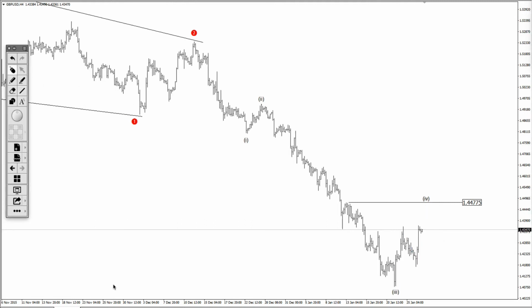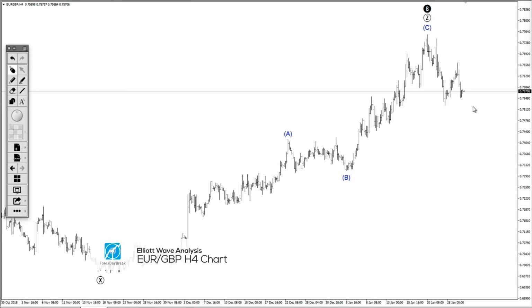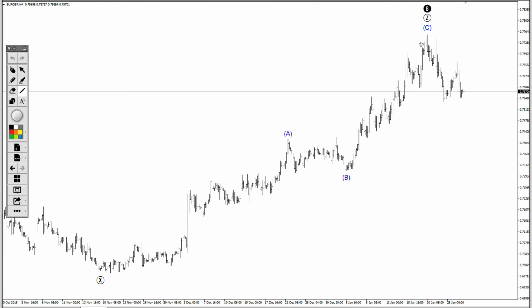All right, let's see Euro Pound and the development here. We have had quite strong moves to the downside. The one thing I am concerned about is that we have an overlap between the waves.